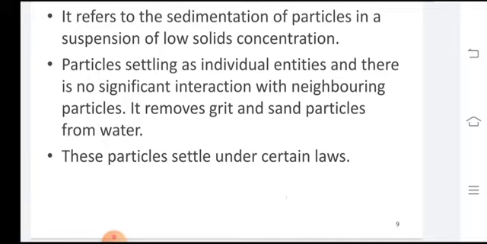Thus, those discrete particles will also be removed with this zone of highly concentrated and densely clustered particles.